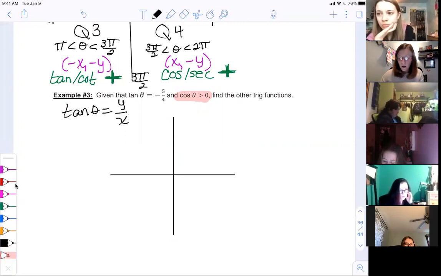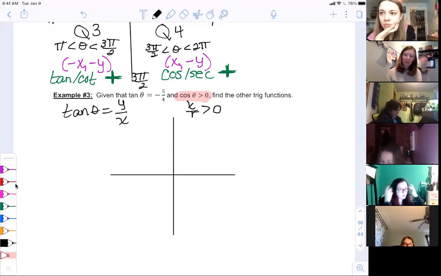I also know that the cosine is x over r, and it's saying that has to be positive. So my x is going to be positive, but my y, the tangent, is equal to a negative number. So if tangent is y over x, one of those values has to be negative.